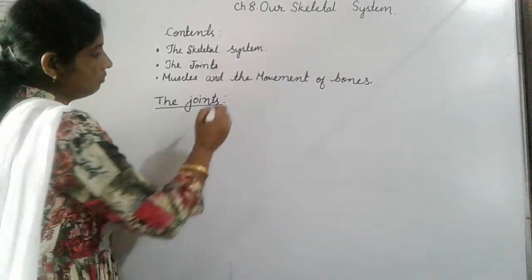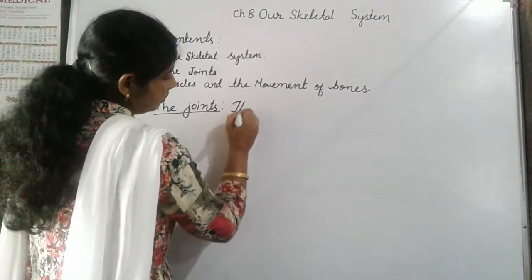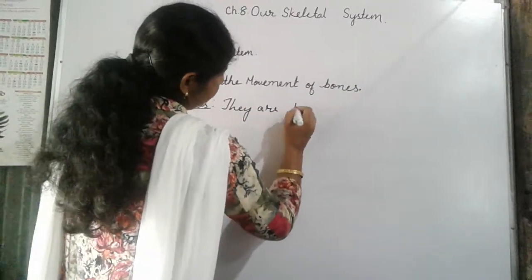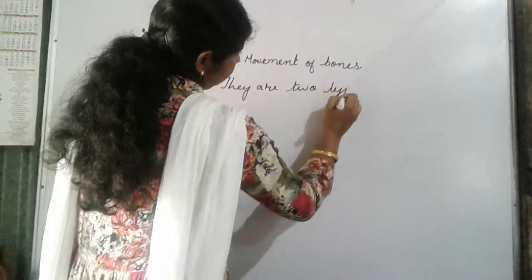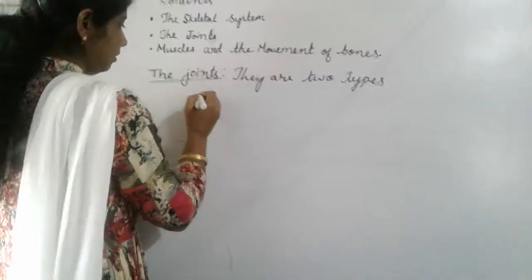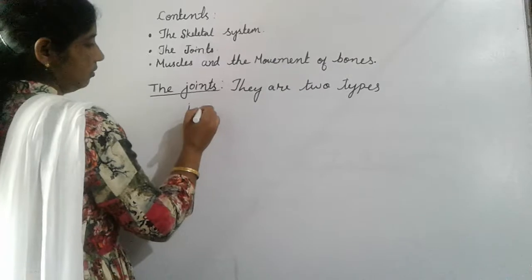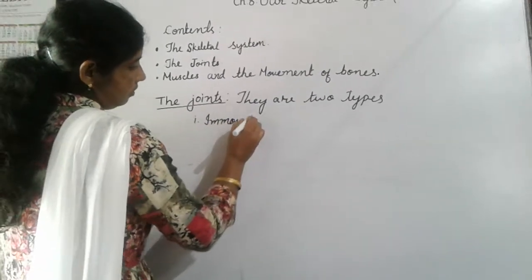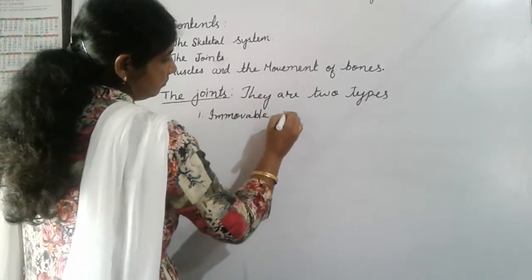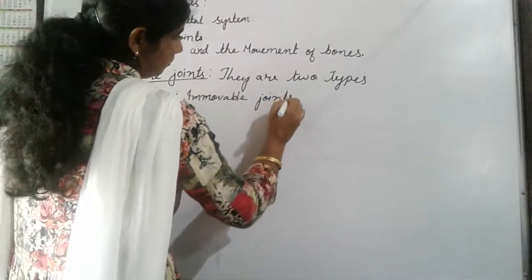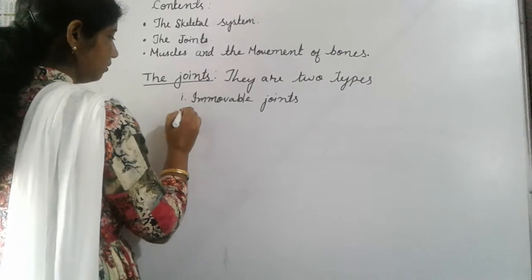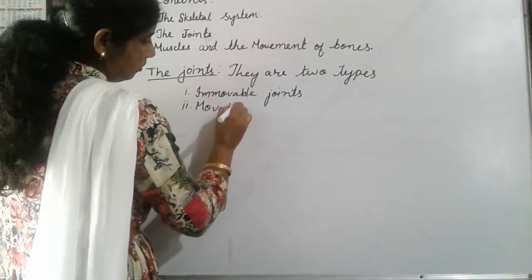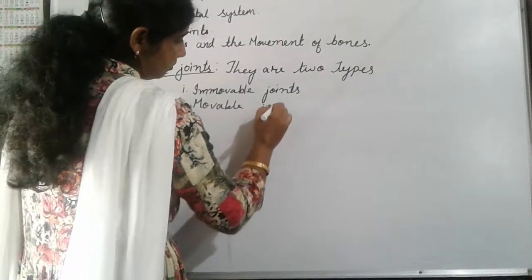They are of mainly two types. Number one, immovable joint. Number two, movable joints.